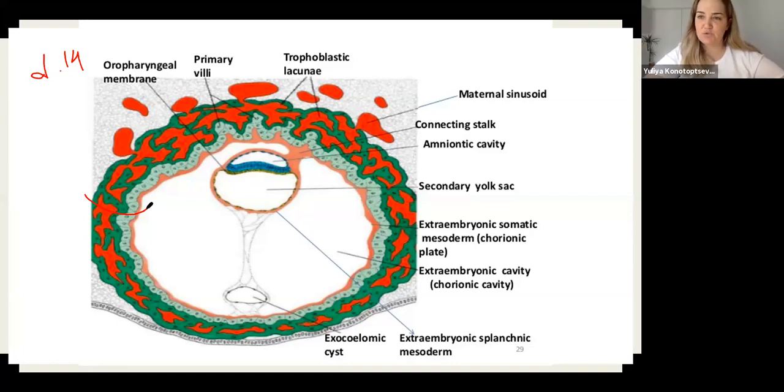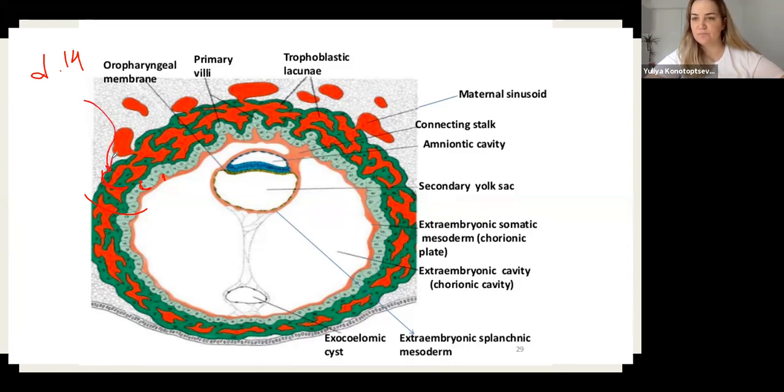The chorionic plate is going to consist of 3 things, as you remember. The most outer is syncytial trophoblast. Then we have cytotrophoblast. Then which one is this? Pleuric mesoderm. Very good.